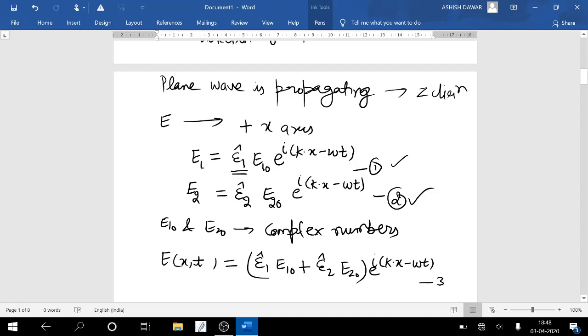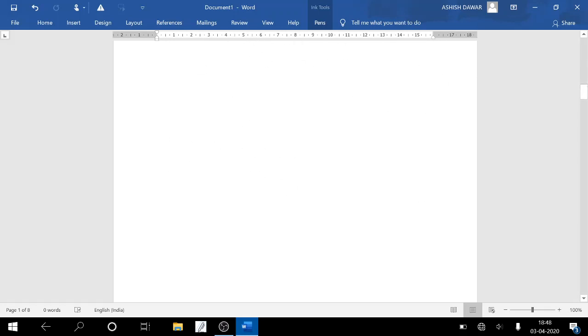So this is our equation number 3. Okay, so this is a linear combination of the two waves. So in polarization we have three cases.